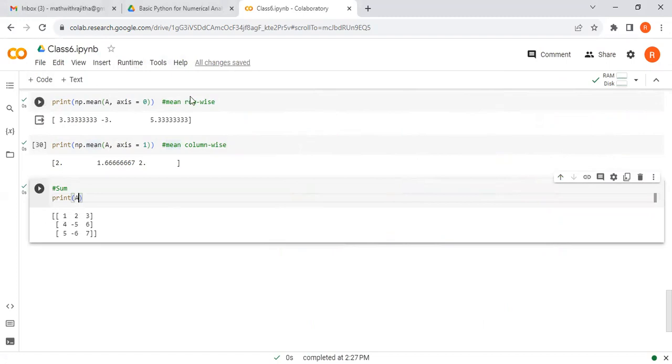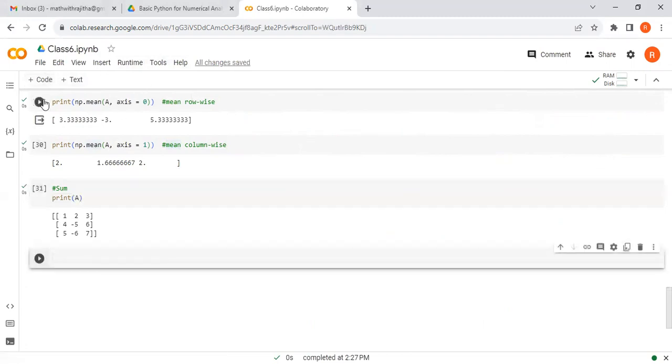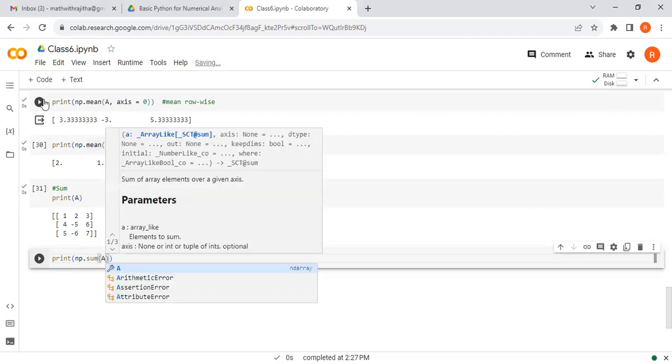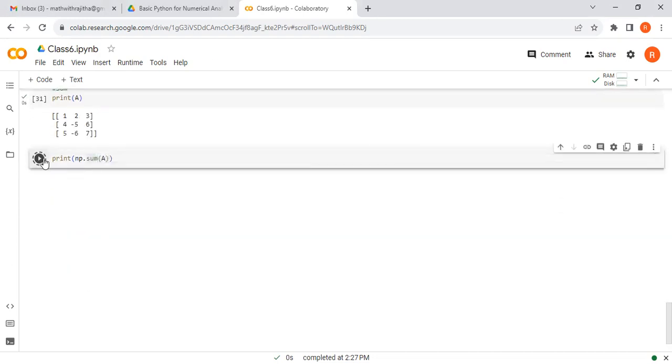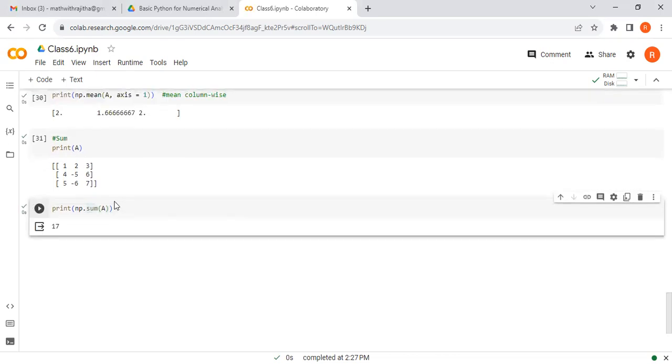Now print np.sum of A. You can check, this gives the summation of all the entries: 1 plus 2 plus 3 plus 4 plus minus 5 plus 6 plus 5 minus 6 plus 7. You add them all up and you will get 17.